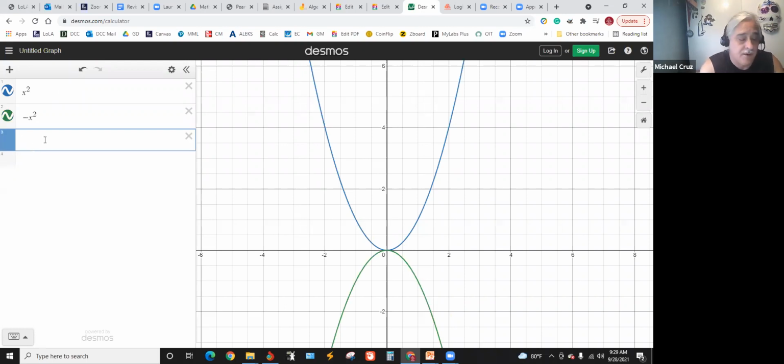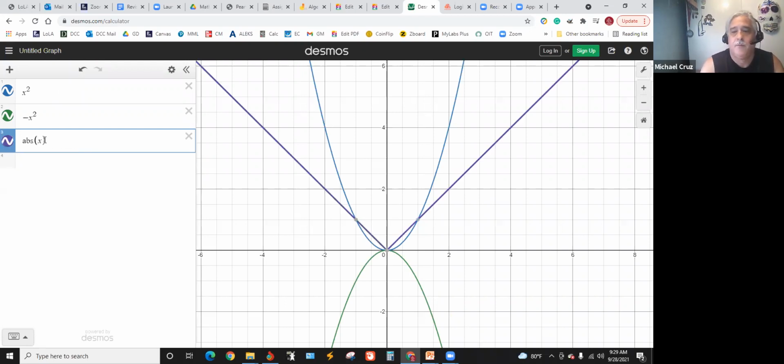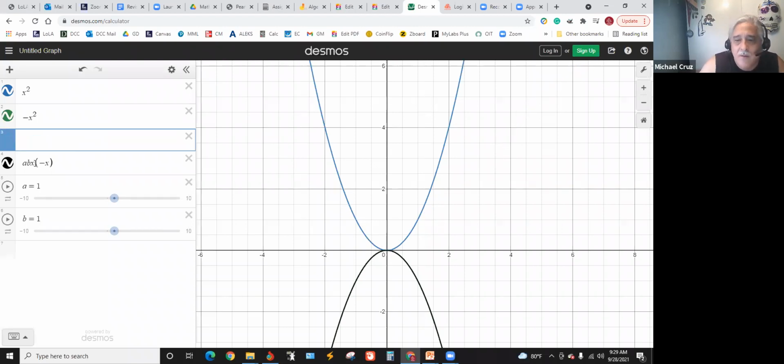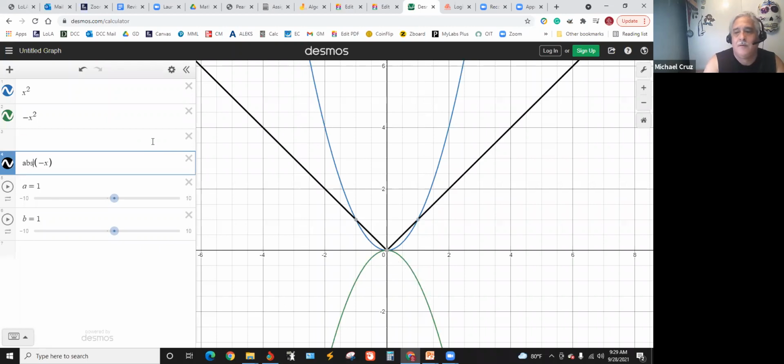Now let's look at the other one, the one we were just looking at, absolute value of x.